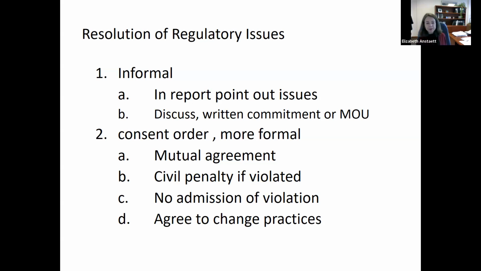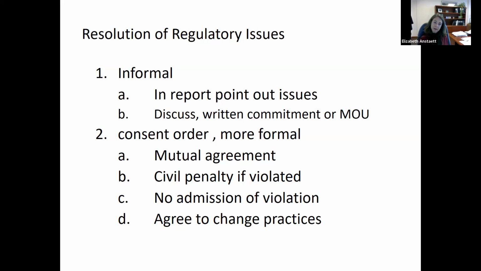But the regulators are, in my experience, becoming more interested in keeping a written record, basically to see if things are being corrected. And so there will be an exam report, and there may be a written MOU, a memo of understanding. These are typically private, but not necessarily. And of course, if a company is a public company, this would probably have to be disclosed. But informal resolutions are both the most preferred and also the most common.